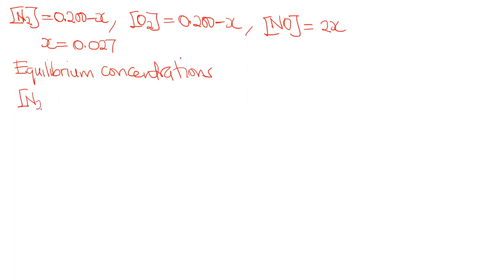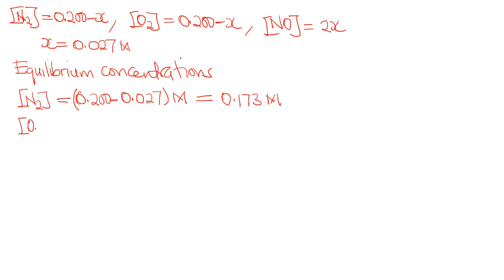So for N2, we are going to have 0.200 minus 0.027 molar, which gives us 0.173 M. For oxygen, the concentration will be the same, 0.200 minus 0.027, 0.173 molar.